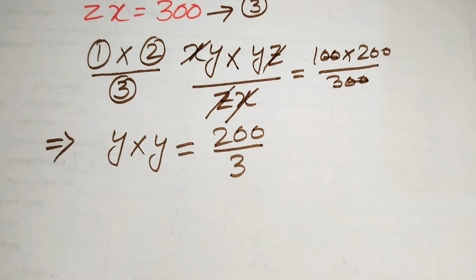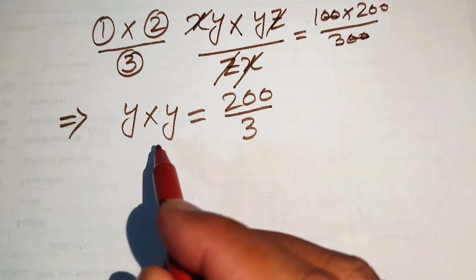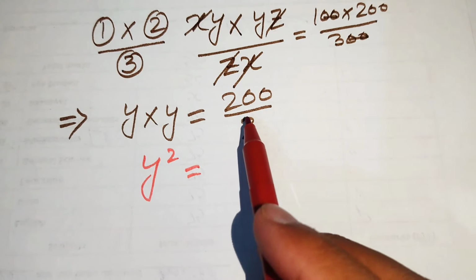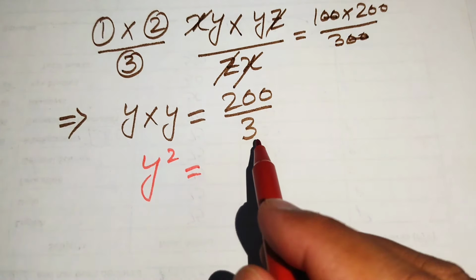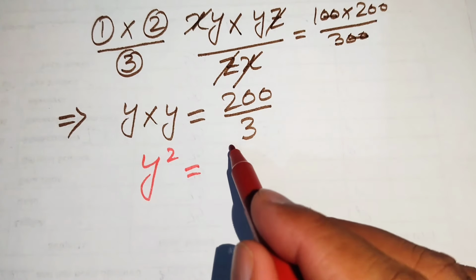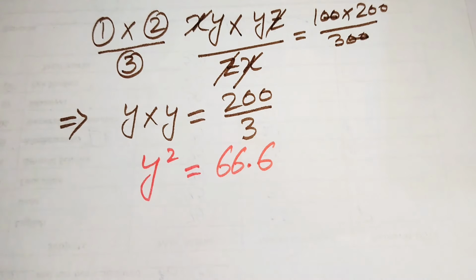So in the next step, y times y becomes y square, and when we divide 200 by 3 you easily get 66.6.